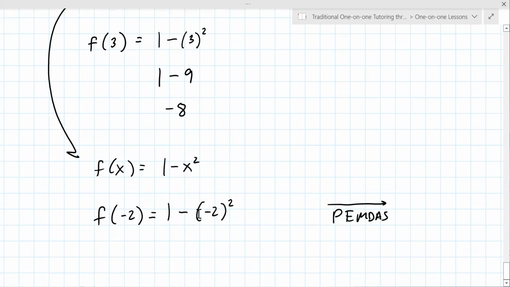So you're going to do exponents before this subtraction. So let me know when you get a final answer here. The rest is just up to you to simplify.